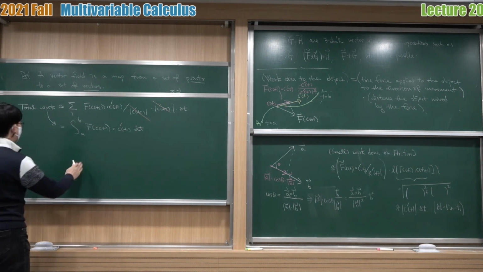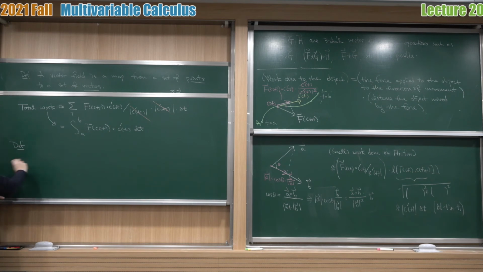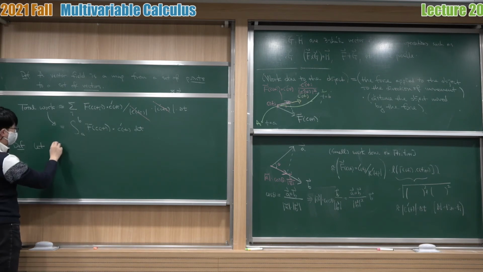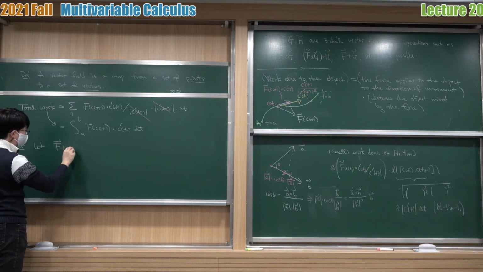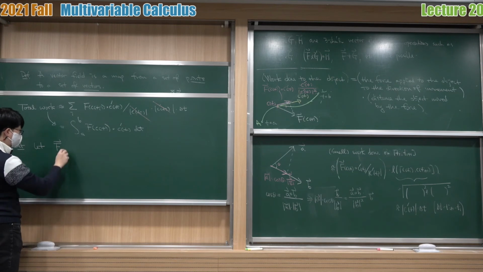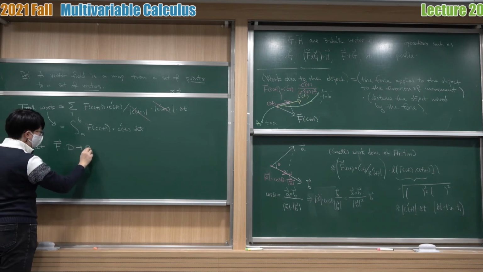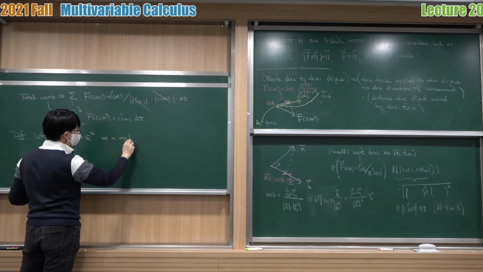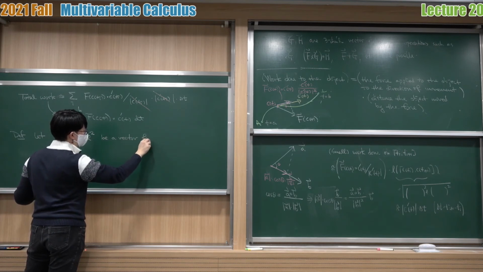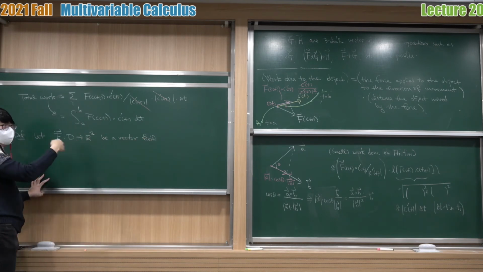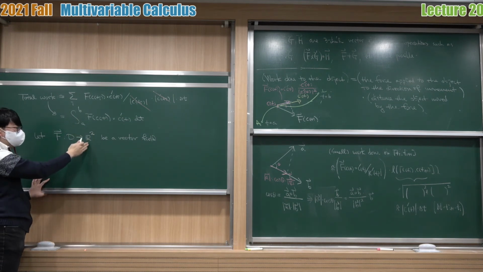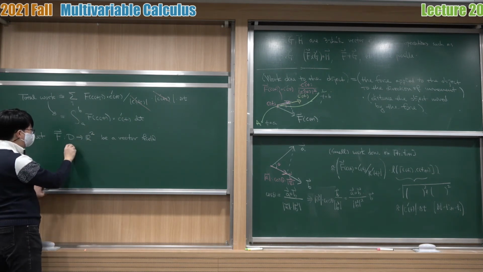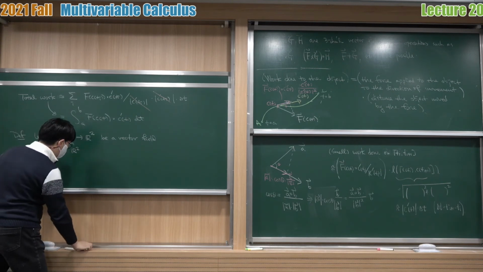All right, so I'm going to define my line integral using this idea. Let's say I have a force field F defined on D in R2, a vector field. R2 means it's not a set of numbers, it's a set of vectors, and D lies inside the set of two-dimensional points.